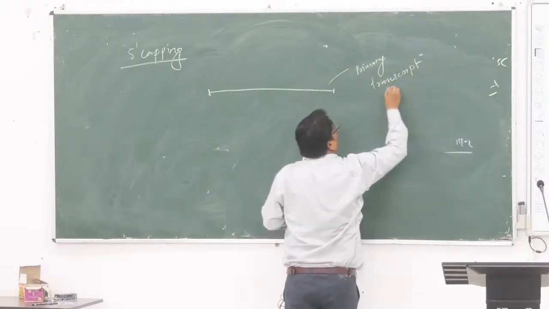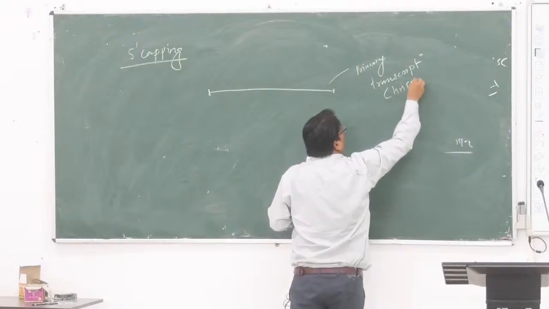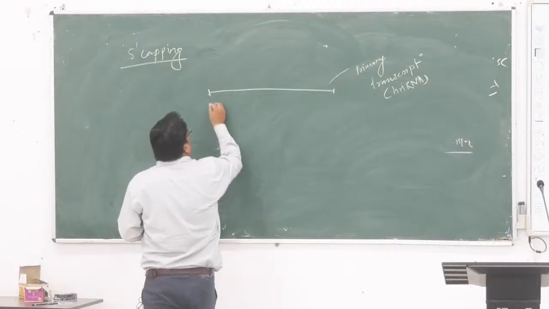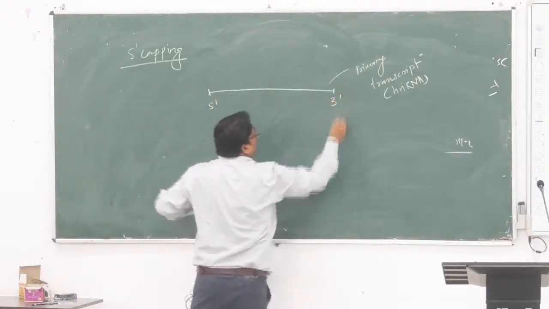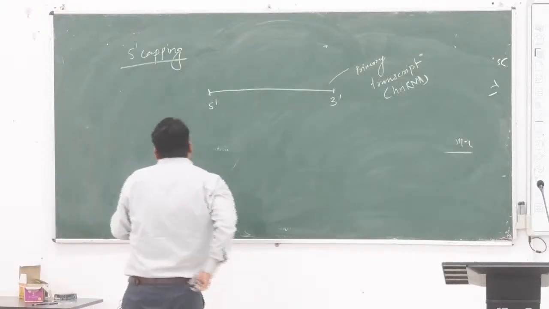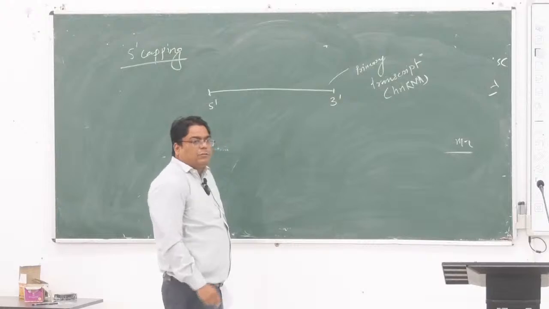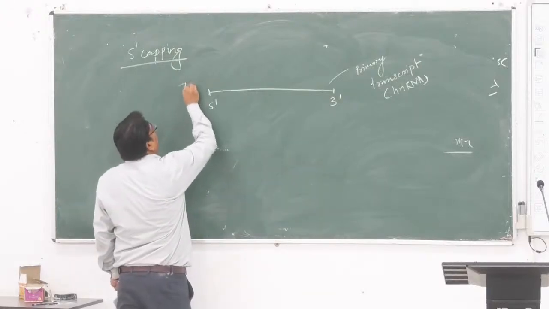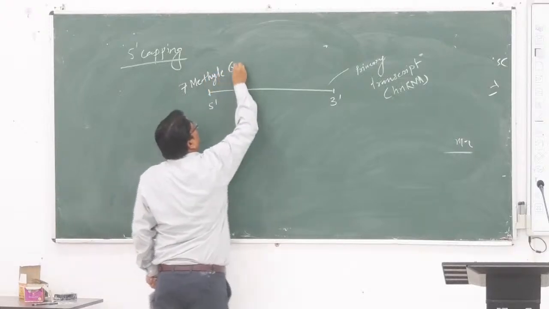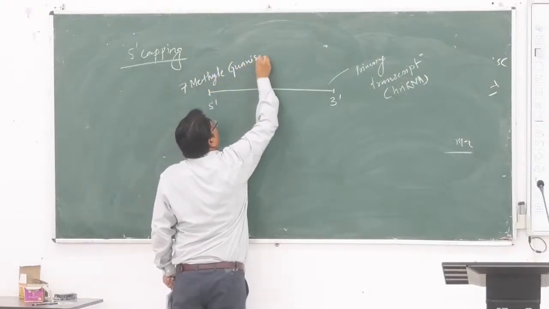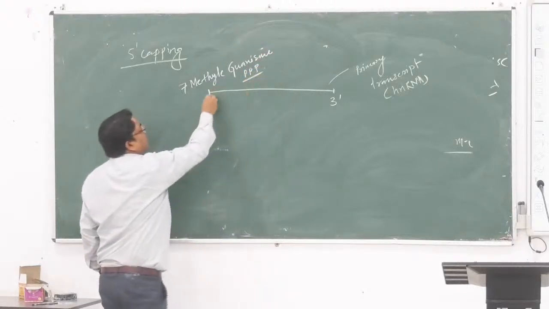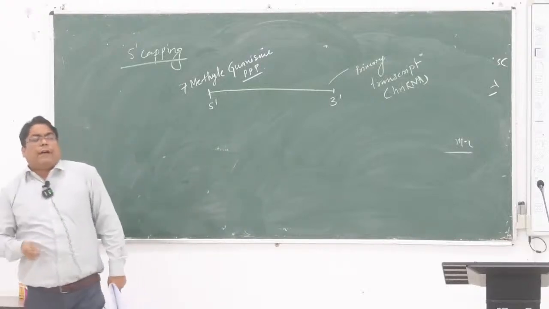It is the primary transcript or heteronuclear RNA which contains a 5' and 3' end. In capping there is attachment of 7-methyl guanosine triphosphate on the 5' end, and we call this 5' capping.